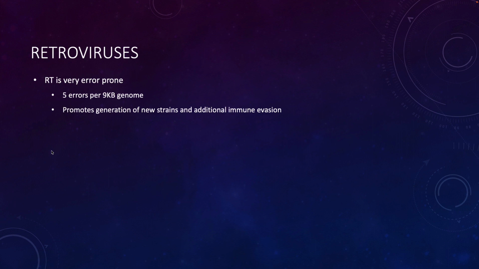That might not sound like a lot, but when you think about our human DNA polymerase to replicate our genetic material, we're talking about maybe 1 error every 1 billion base pairs. So DNA polymerase has a very high fidelity. Reverse transcriptase is very error prone.